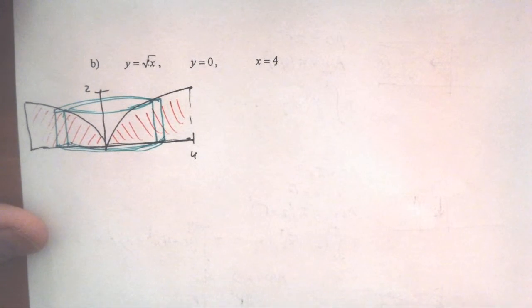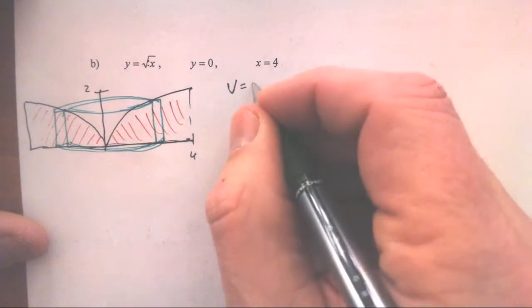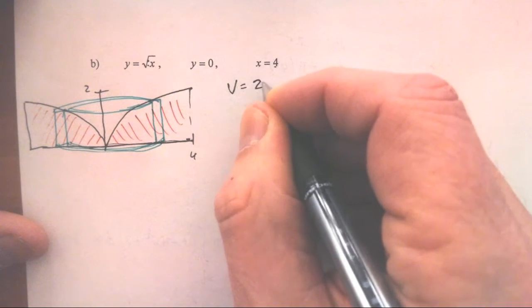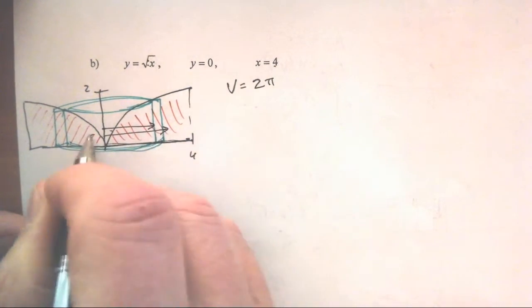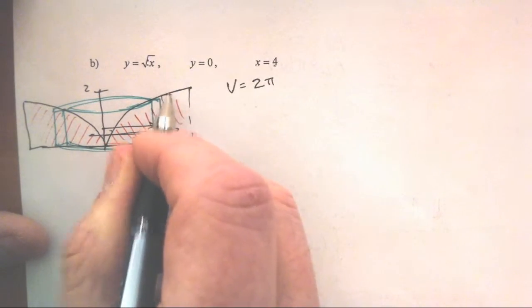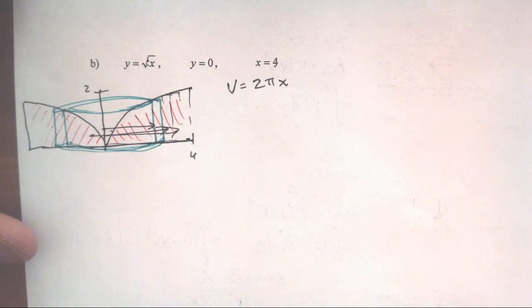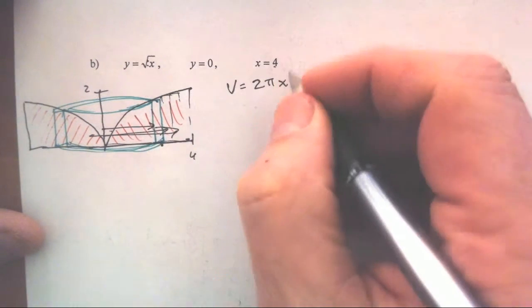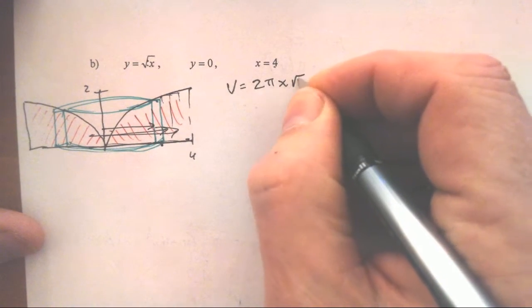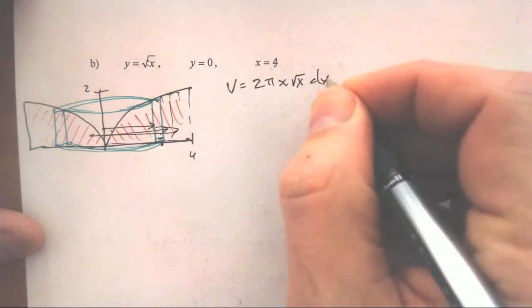So our volume of each of those shells is the circumference, 2 times pi times r, but r is going to be this, then this, and this, as we just keep marching down, getting new shells. It's going to be x. We've got top function minus bottom function. Here's the good news. The bottom function is 0. The top function, so the height of this, is just square root of x, and the width of these is dx.